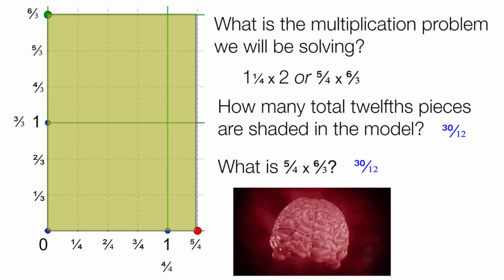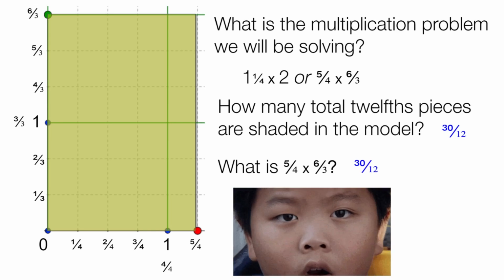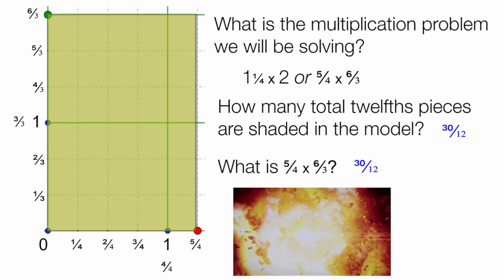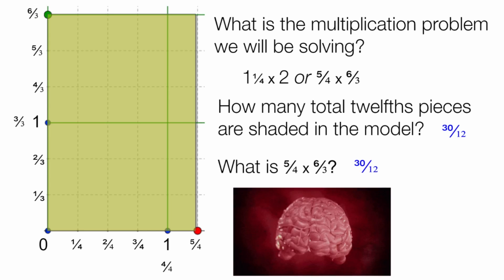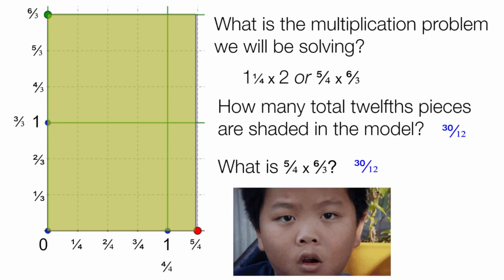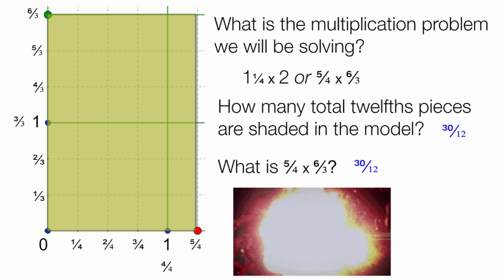Mind blown. That's another way to do it. So if you can just figure out the values of the dots, the green dot and the red dot, figure out what fractions those are and just multiply them, boom, you're done. But let's not stop there. There's actually a bunch of other possible answers to this that would also be correct, and I want to talk about those.